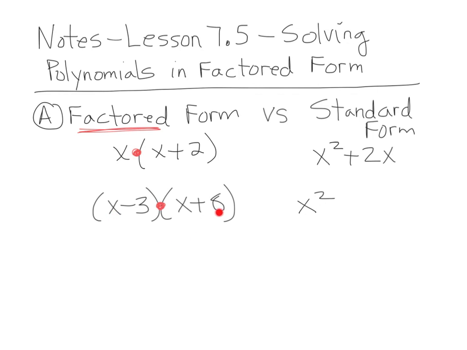Then this would be 8x, and these two would be negative 3x. And 8x with a negative 3x would be 5x. Then negative 3 times 8, negative 24. So factored form is when you have things separated by multiplication, different than standard form, where they're separated by adding or subtracting.